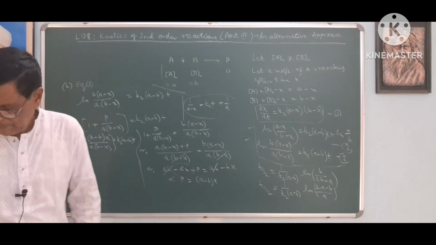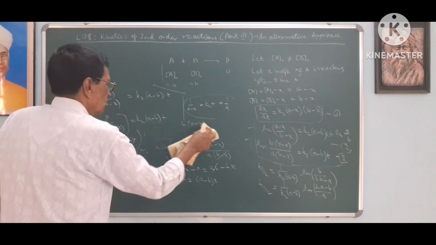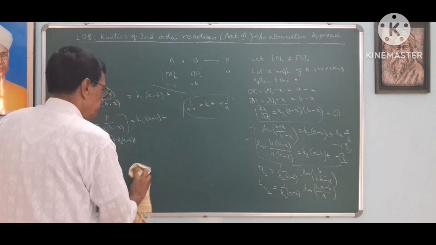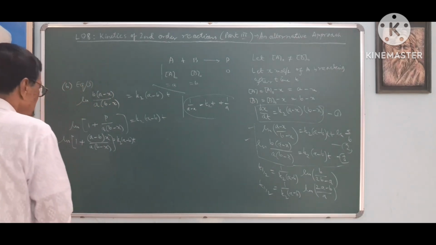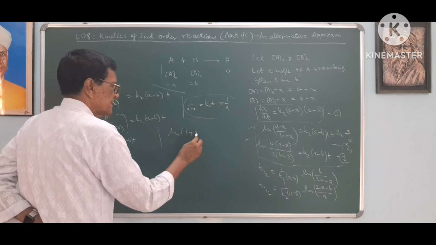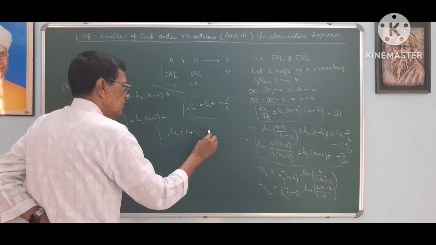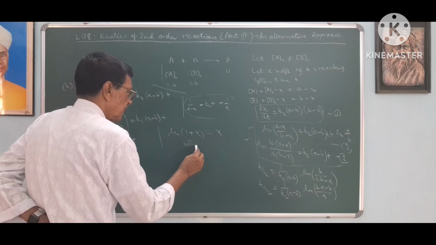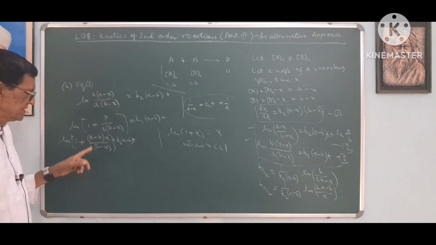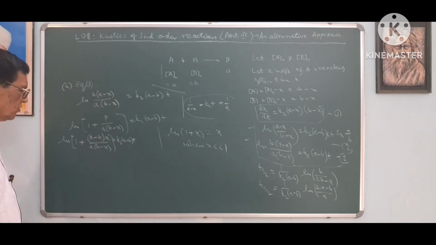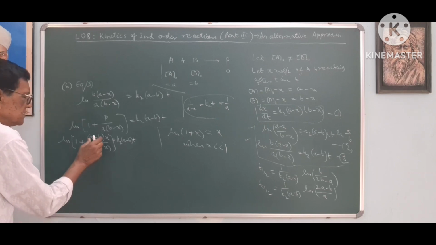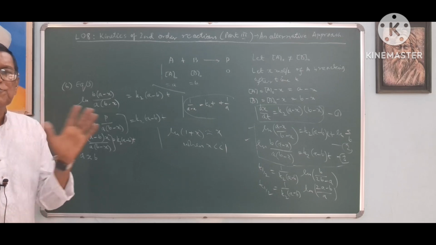Now we can remove this term. We have already got this value of P. Now you know, according to the logarithmic approximation, ln(1 plus x) is almost equal to x when x is much less than 1. In this case, A and B are equal or almost equal, so A almost equal to B, and this term is almost reduced to 0.